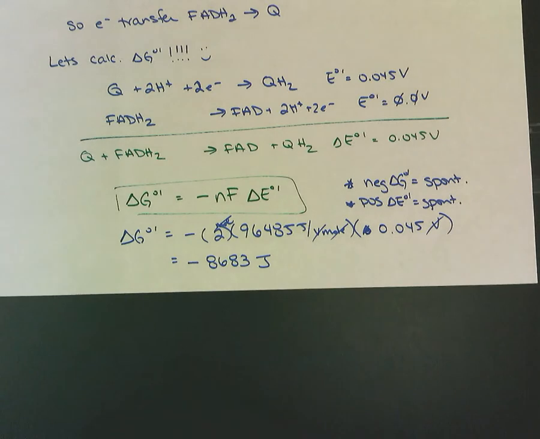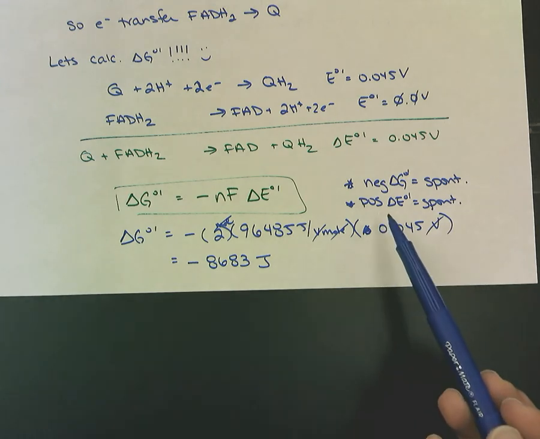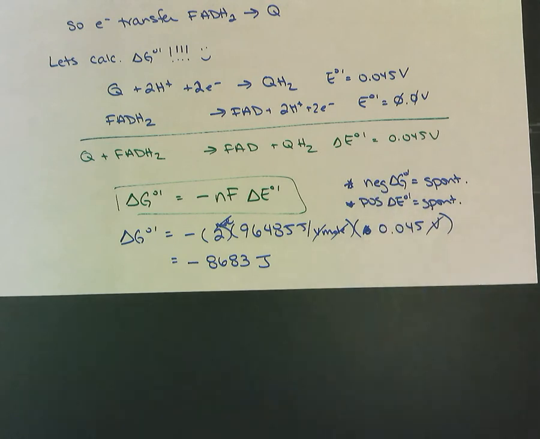A positive delta E0 prime also means spontaneous, because the larger the value, the more likely those electrons are to be transferred from one molecule to the other. And so a positive E or a negative G means spontaneous.